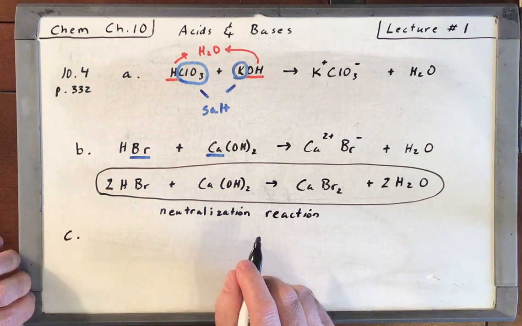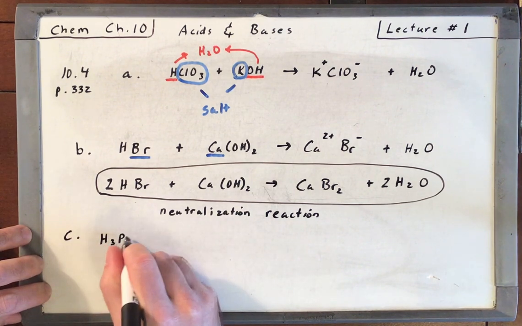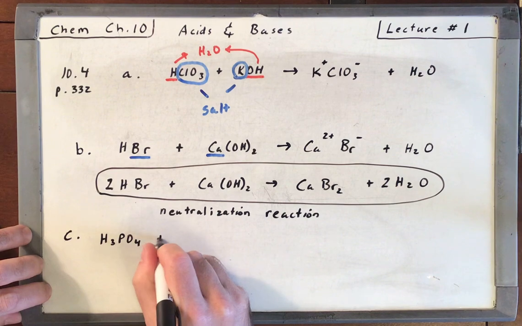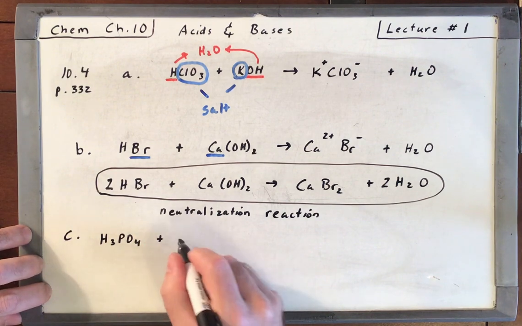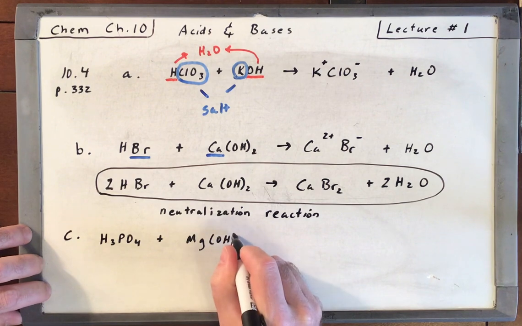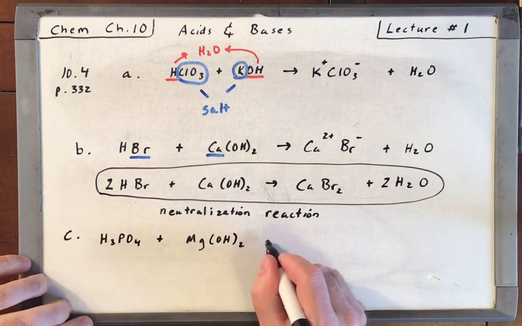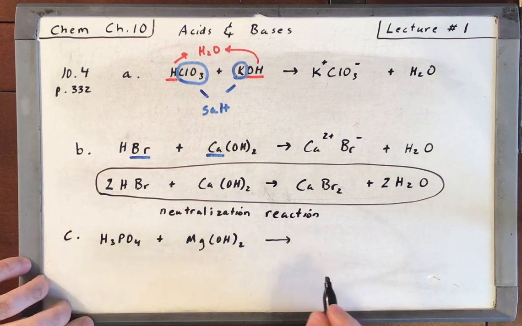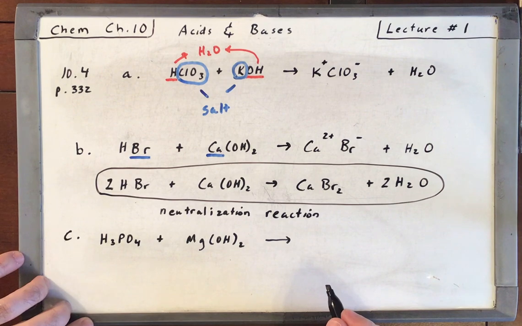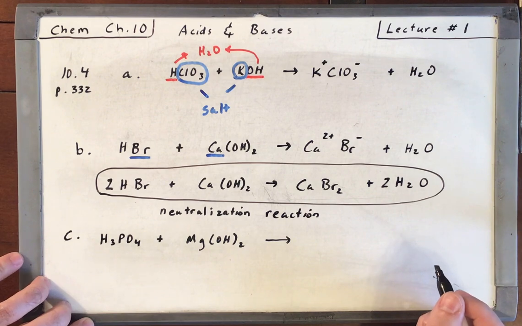All right, and C is H3PO4 plus MgOH2, magnesium hydroxide. H3PO4 is phosphoric acid. That is one you have to memorize. All right, I'm going to let you guys try this one first. Okay, go ahead and try it. Pause the video, try it, and then hit play and see if you got it right.